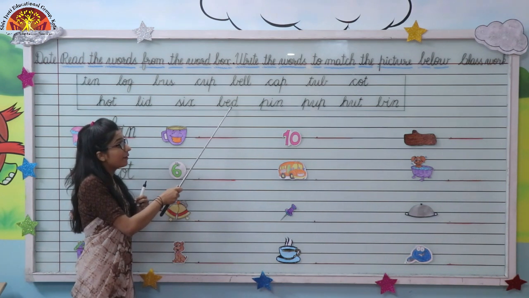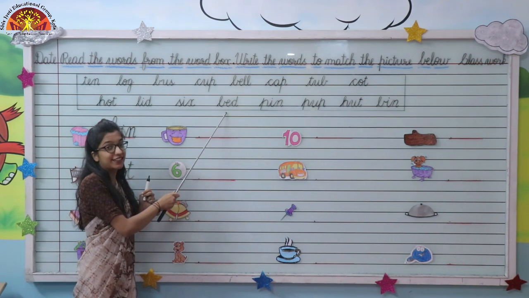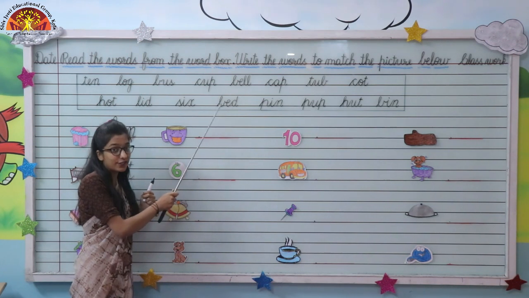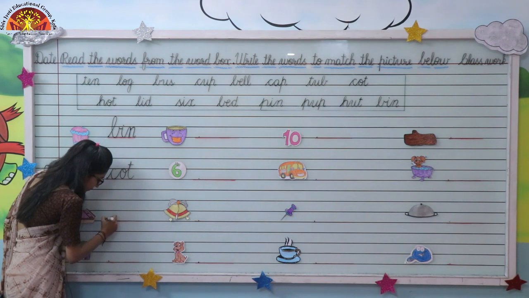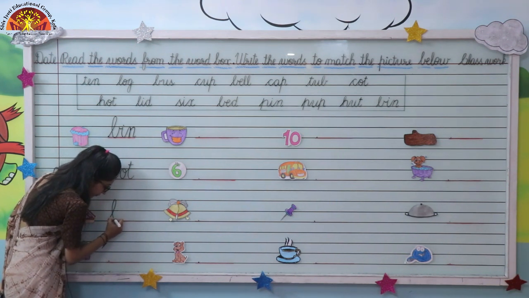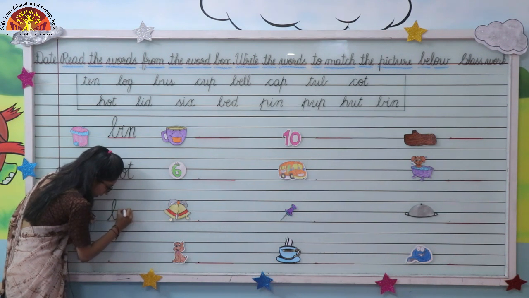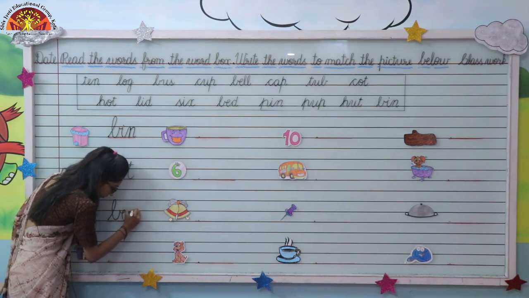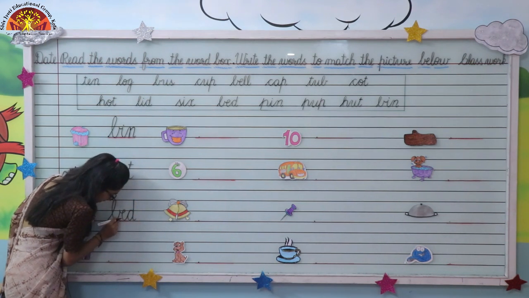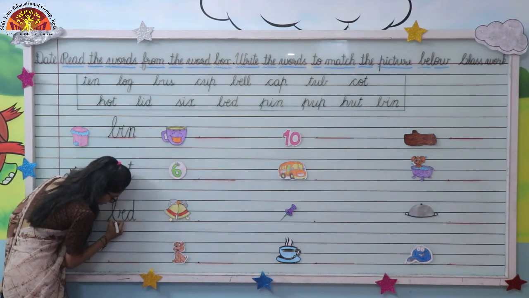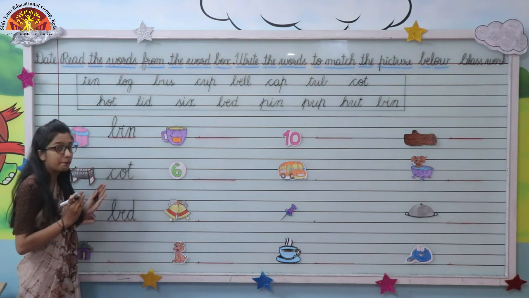B-E-D, bed. Yes. So we have to write here spelling of bed. B, E, D. B-E-D, bed.